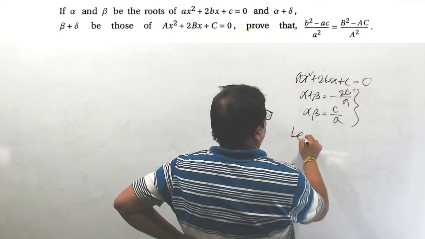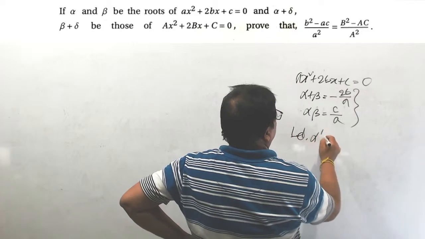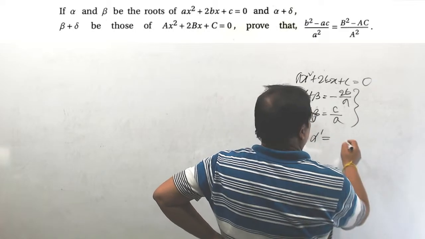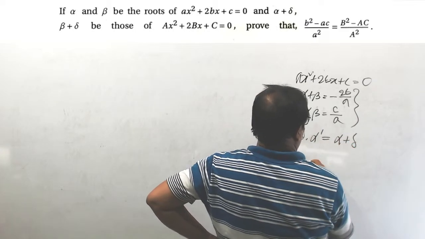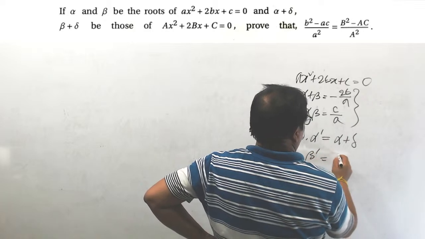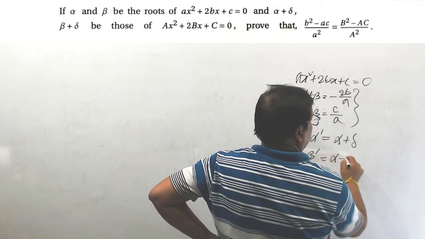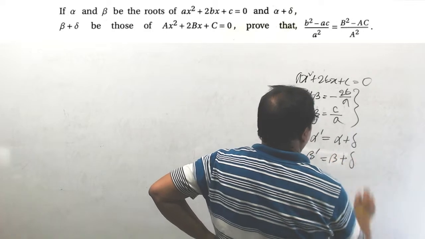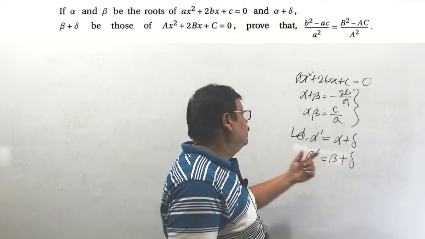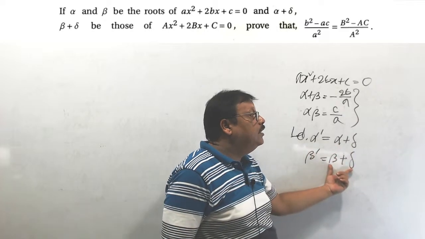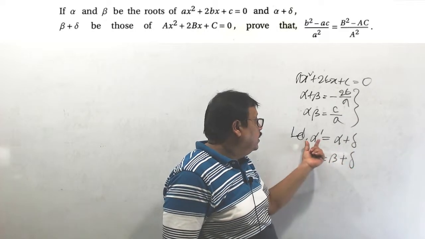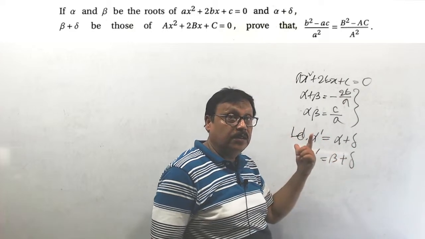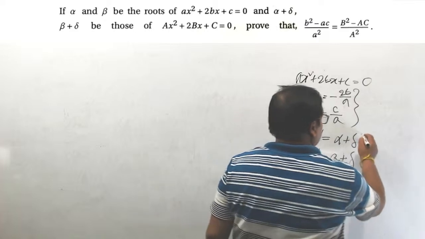Let alpha dash is equal to alpha plus delta, and beta dash is equal to beta plus delta. Understood? That is, you assume these are the roots of the second equation. This is a trick. Remember this trick. Very important.